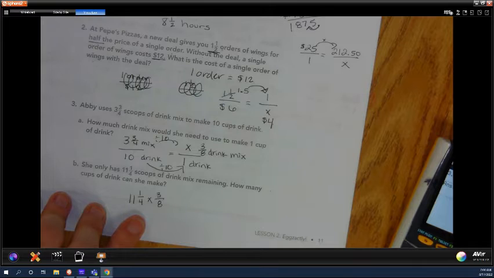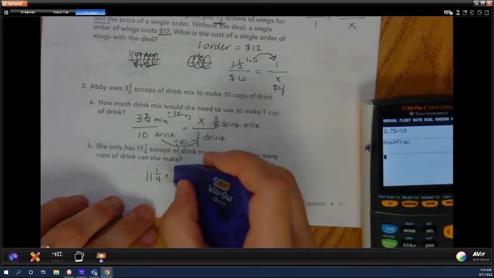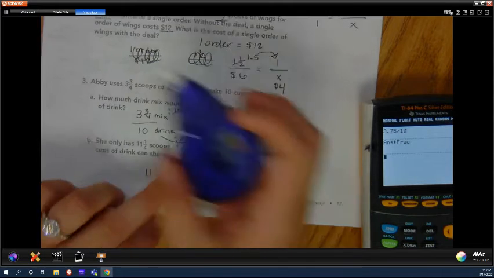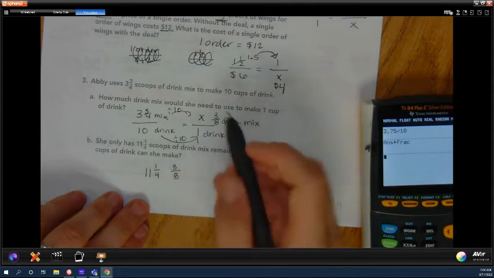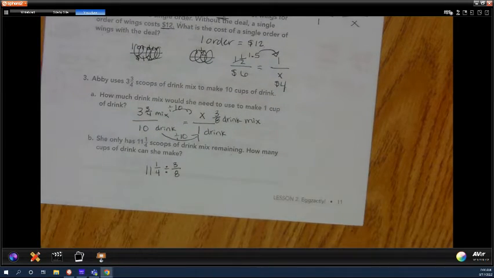That's what, 11.25? Nope, I need to divide. My bad. Not multiply. I'm going to divide. I don't know why I thought multiply. Because I know that for every cup of drink that I have, for every single one drink, I have to have 3/8 of my mix. So I need to divide.